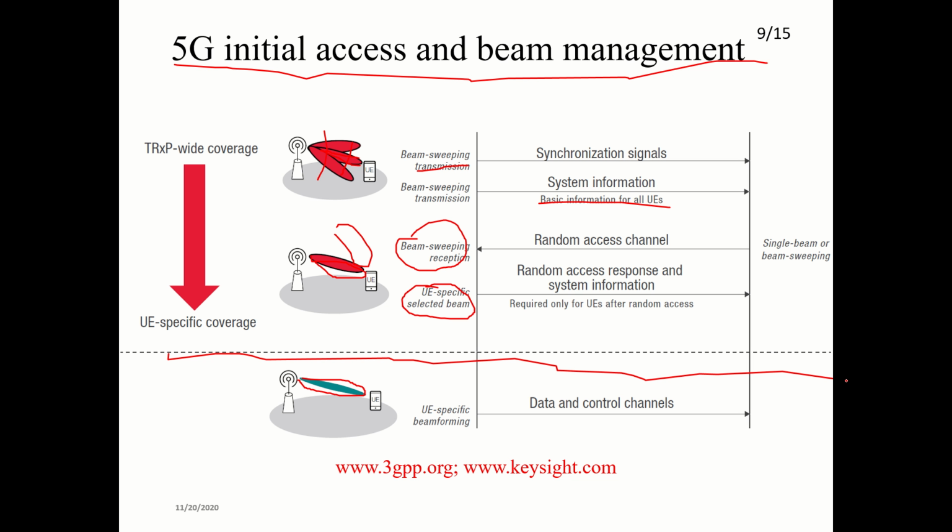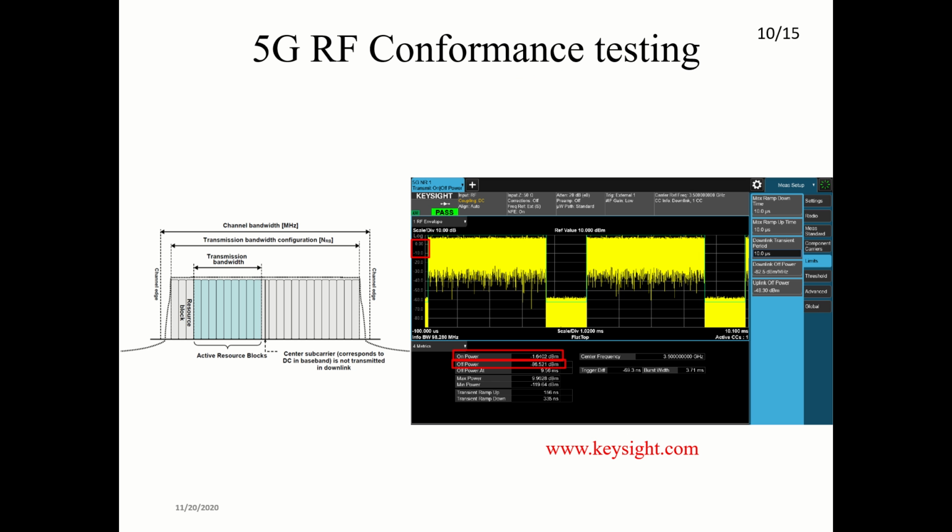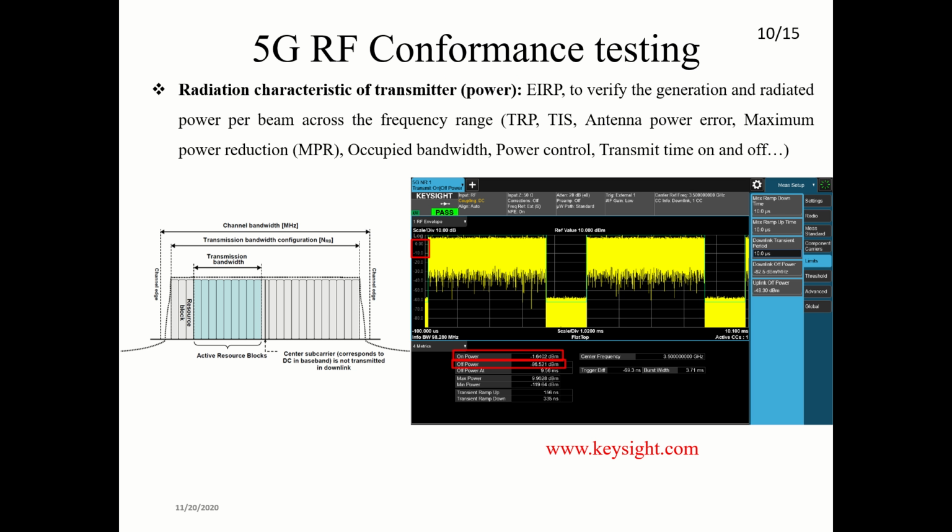Even if you think from a cell coverage point of view it's not a problem, but when you apply beams, it is quite a big problem. Once the beam is locked, the data and control channels can start their job. Next is conformance testing.